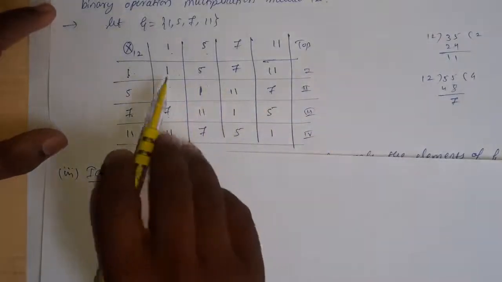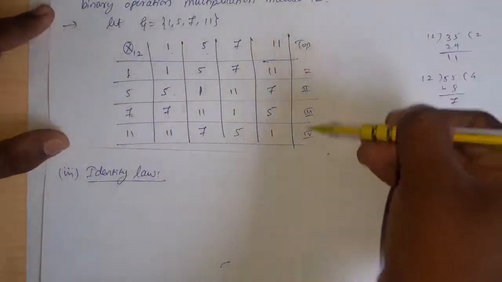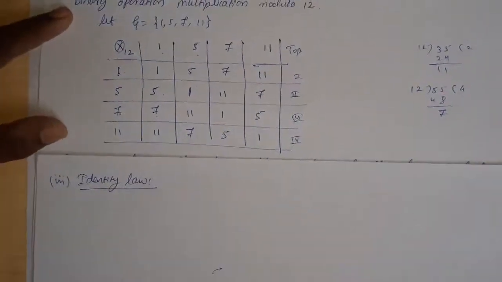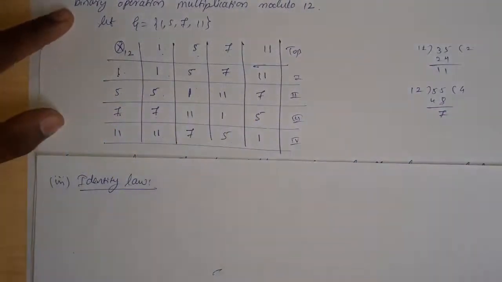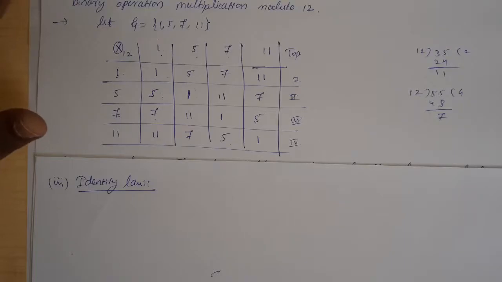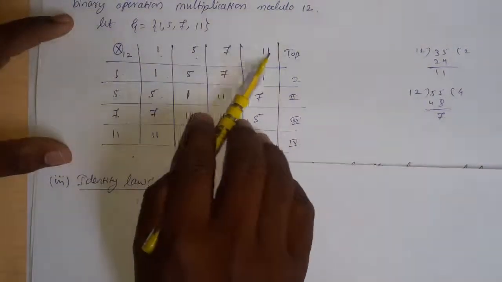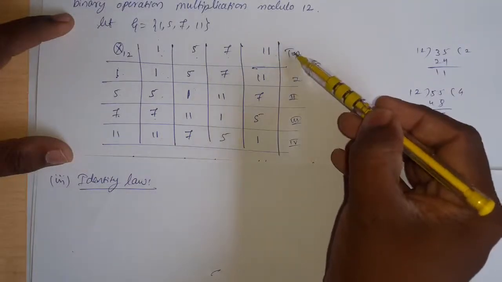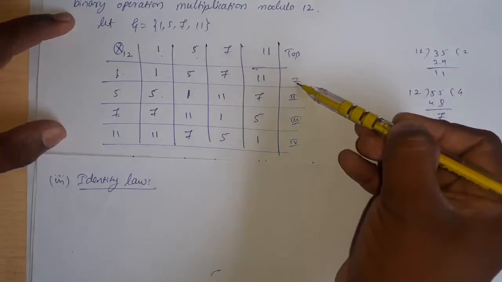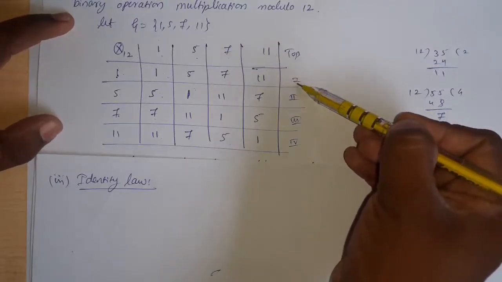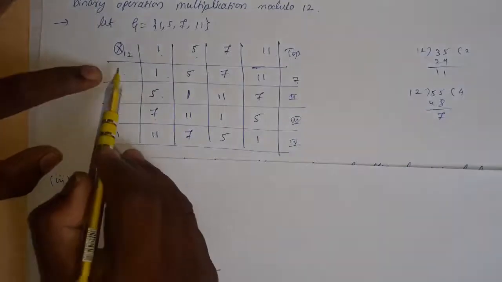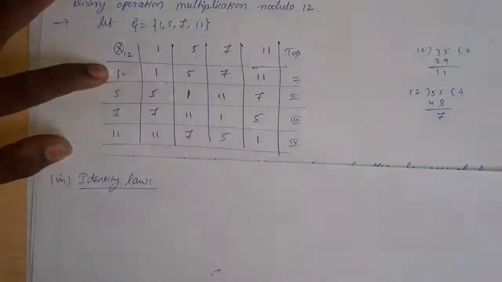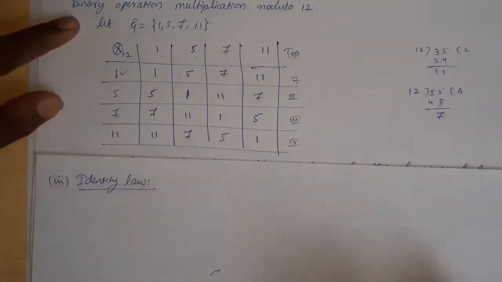Among these four rows, the one which is the same as the topmost row, the corresponding element to that row will be the identity element. Here 1, 5, 7, 11 and 1, 5, 7, 11 are one and the same, meaning the topmost row is the same as the first row, and this is the corresponding element of the first row. Therefore, this will be the identity element of this set.